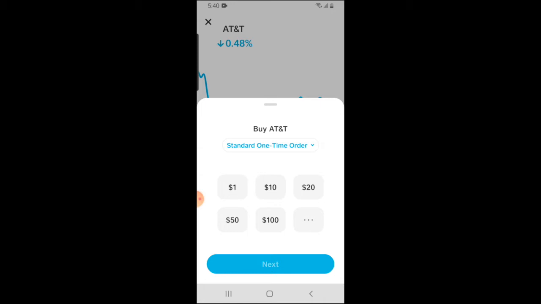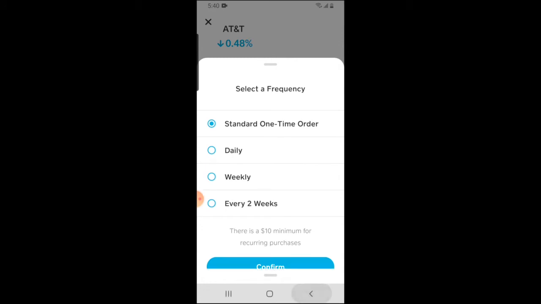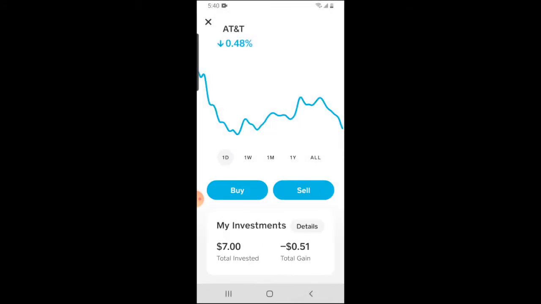Now I'm not going to do it, but you just select your amount. So if I wanted to buy, let's say, $10 more worth of AT&T stock, I would select 10 and press next. You have the option to make it a one-time order, or you can make this a recurring thing. I'm going to back out of that. And let's say I wanted to sell what I currently have.